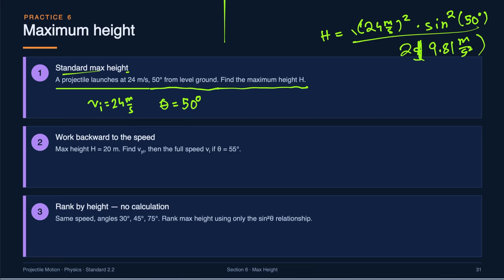Now you do that, and you get, so 24 squared times sine of 50 squared is 338. Divide that by 2 times 9.81. You get around 17.23 meters. That's your height.